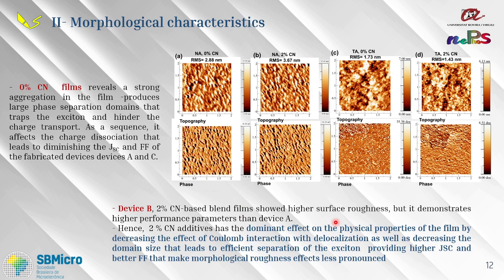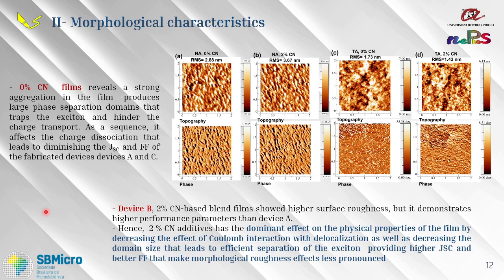So we suggest that the 2% additive has a dominant effect on the physical properties of the film by decreasing the effect of column interaction with the localization and decreasing the domain size, which leads to sufficient and efficient separation of the excitons that provides higher current generated and better fill factor, which makes the effect of the morphology or roughness less pronounced.